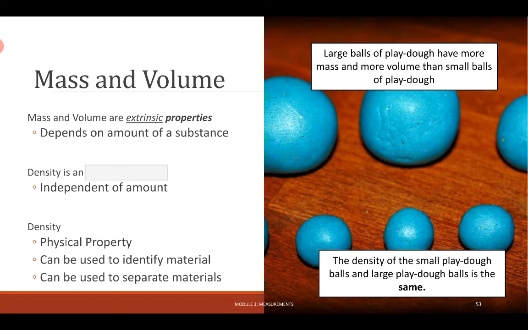Density, however, is independent of amount. Density is an intrinsic property. It belongs to the material. So density values can be looked up on tables, on Wikipedia. Density is a property of the material that can be used to help identify it and to separate it if it's part of a mixture.